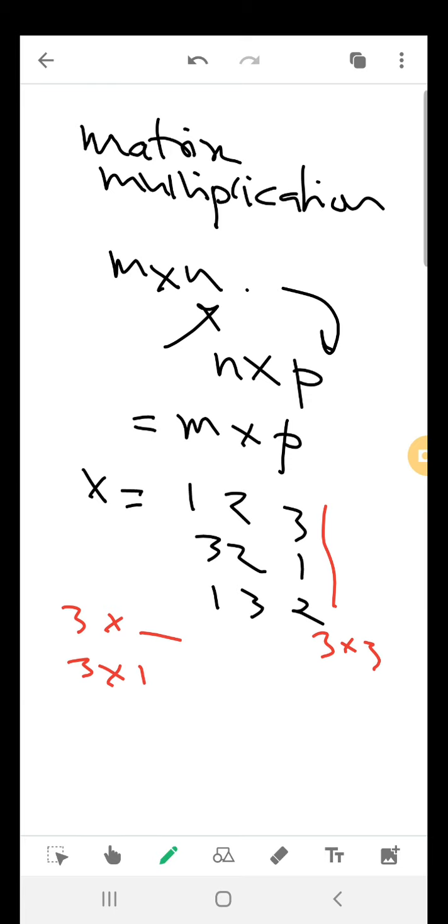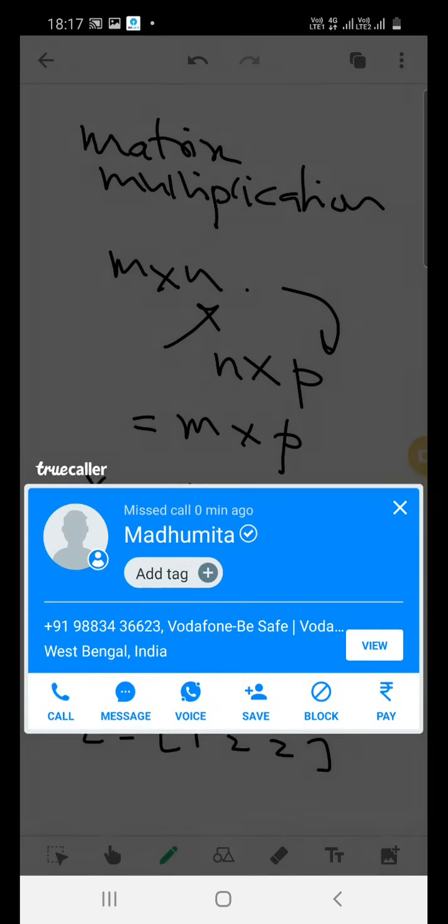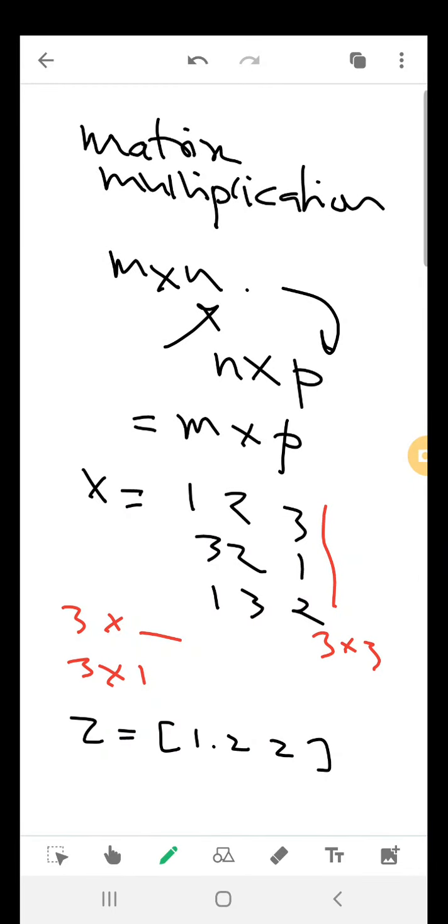So if we have a matrix, say Z, equal to 1, 2, 2, now this cannot be multiplied with this matrix because this is of the order 1 into 3.